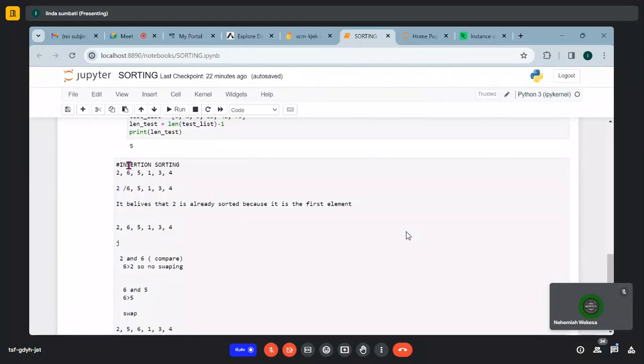So this one is our J. So will you compare it to J plus 1, or to J minus 1, the previous? J minus 1. Exactly. And if J minus 1 is greater than J, like you are telling the algorithm, if it checks that and this condition is true, then we will swap. So that means if J minus 1 is greater than J, what happens?